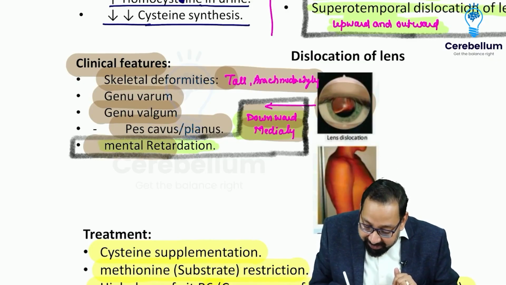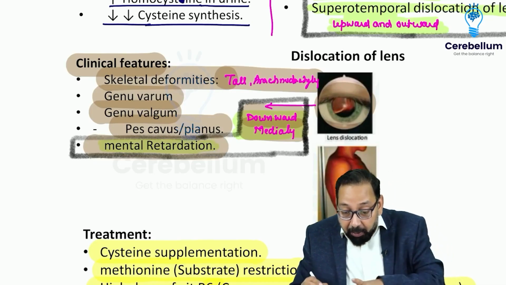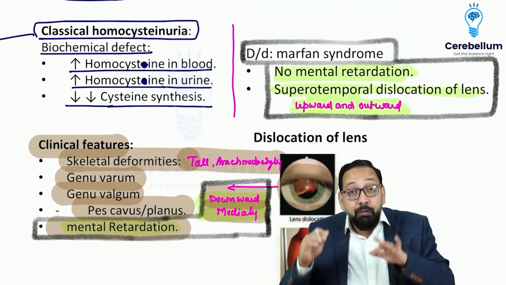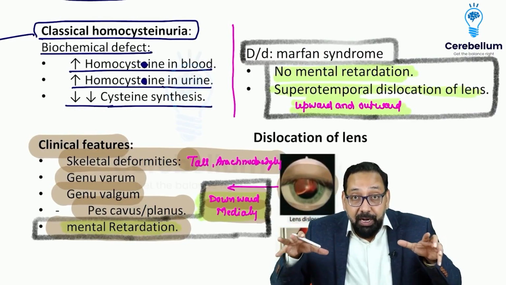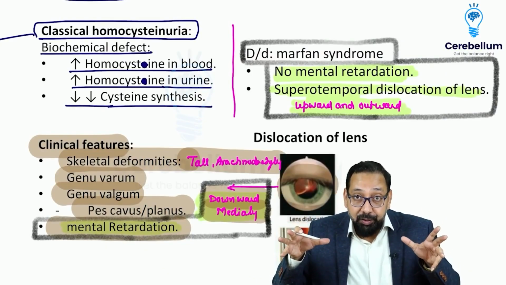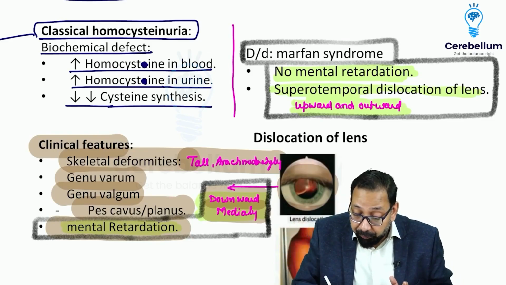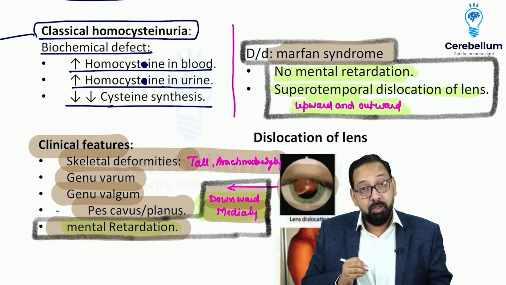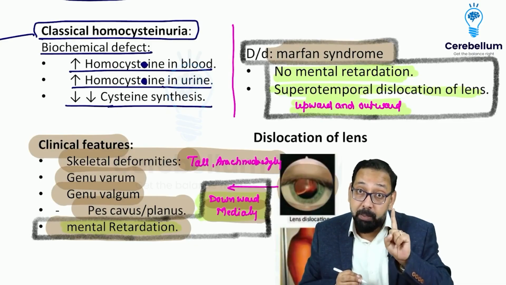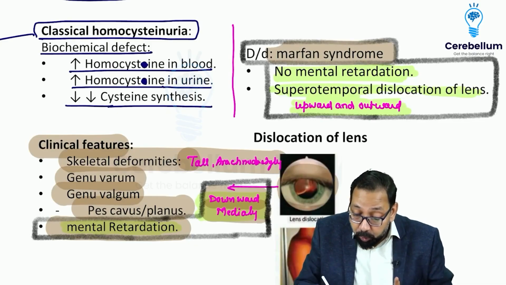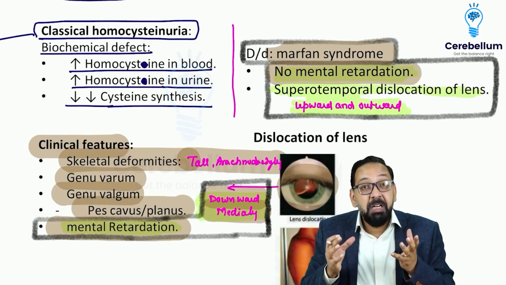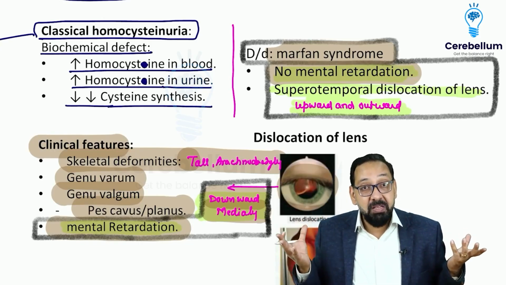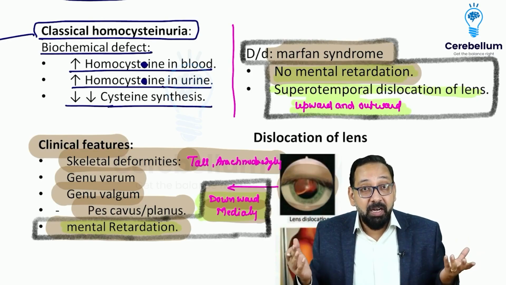And there is mental retardation. We found that if tall stature, arachnodactyly and dislocation of lens are there, immediately you may think of the differential diagnosis, Marfan syndrome. But in Marfan syndrome, the differentiating point is no mental retardation. The mnemonic is marvelous performance. Yes, no mental retardation.